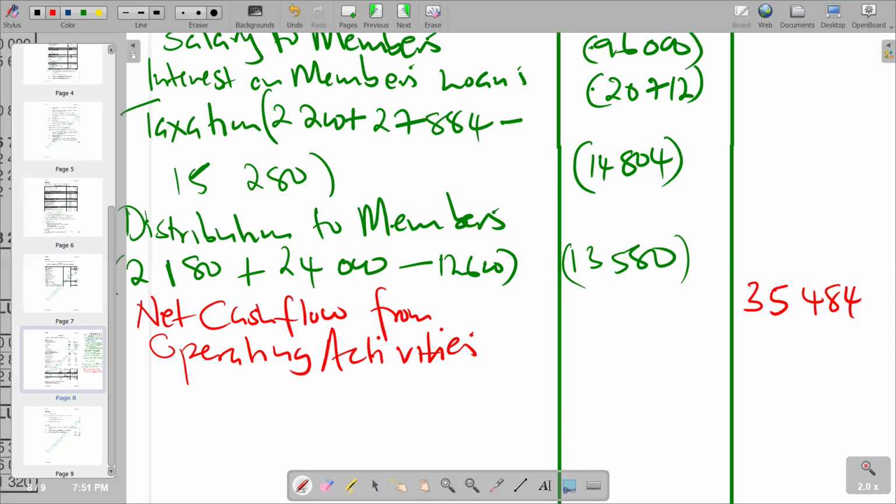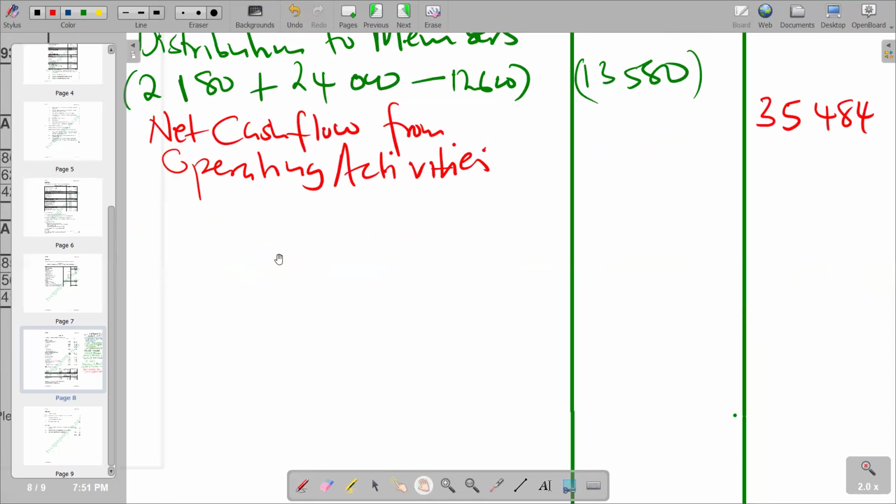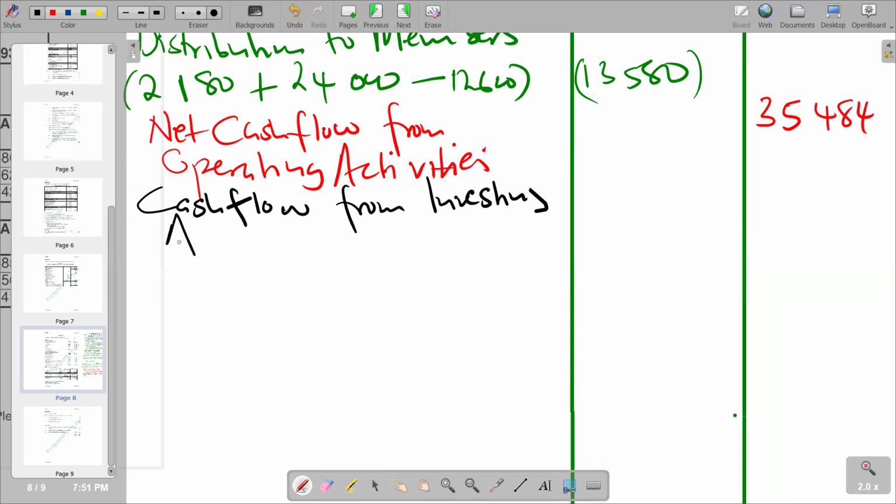Then from there, we are now going to our next category, which is now for investing activities. So we are saying the next item is cash flow from investing activities.